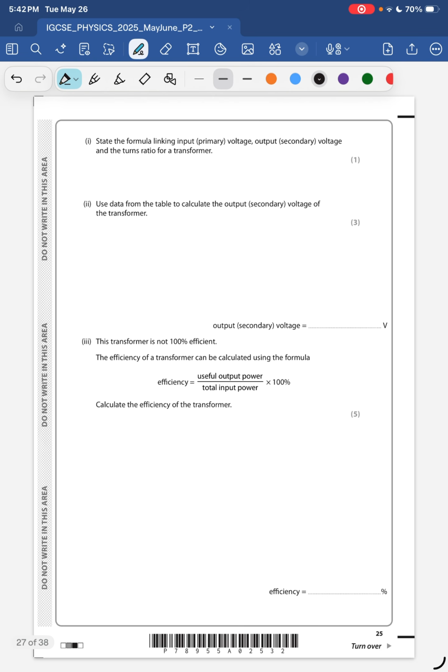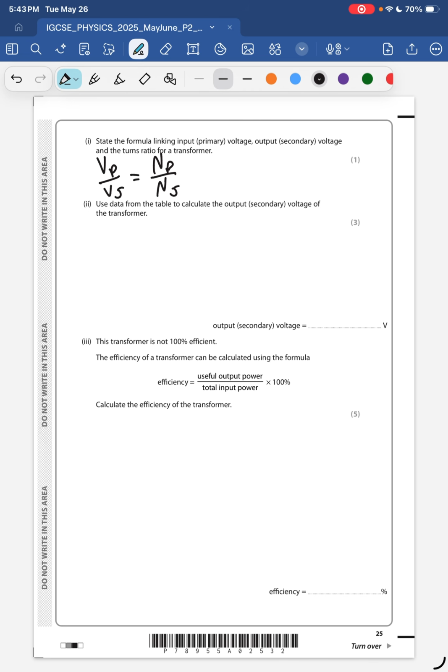Question 1, state the formula linking input primary voltage, output secondary voltage, and the turns ratio for a transformer. The primary voltage over the secondary voltage is equal to the number of turns in the primary coil over the number of turns in the secondary coil.